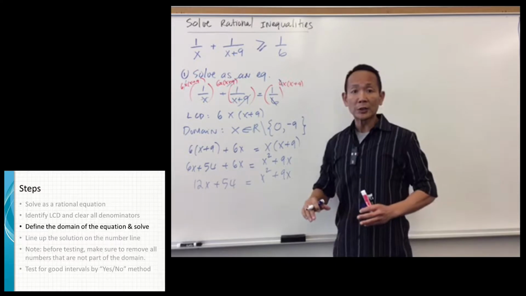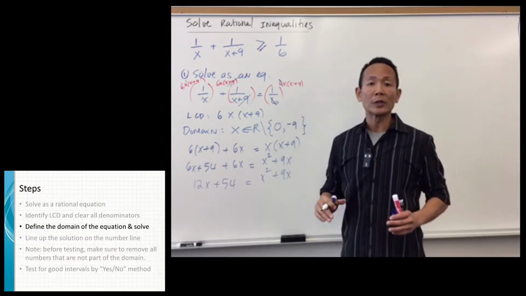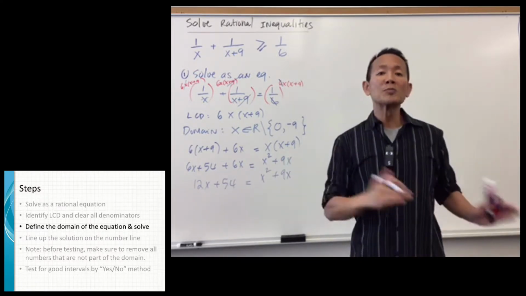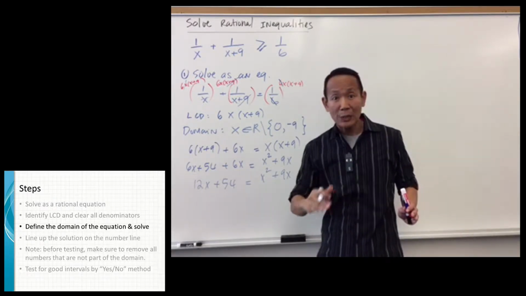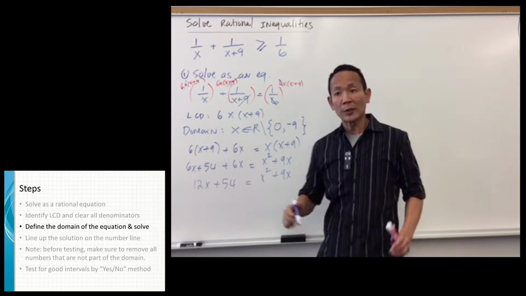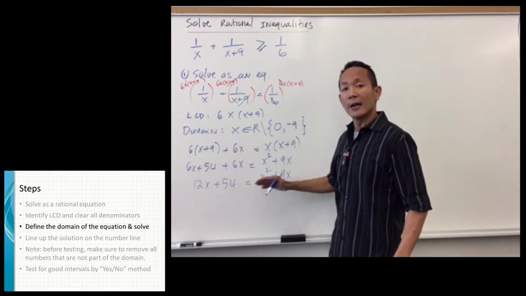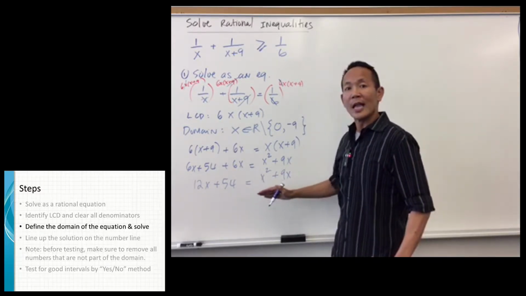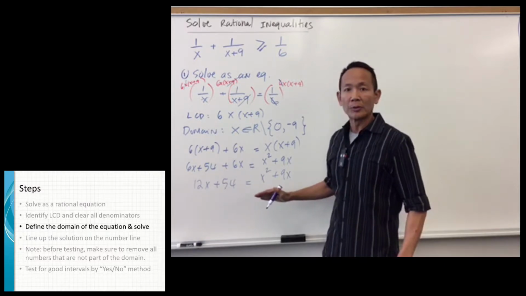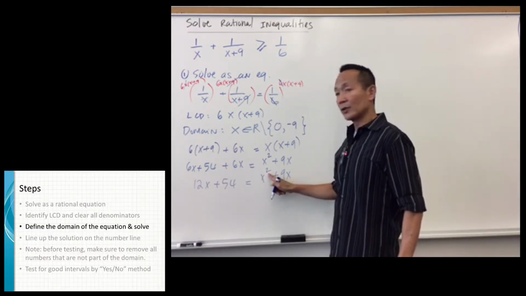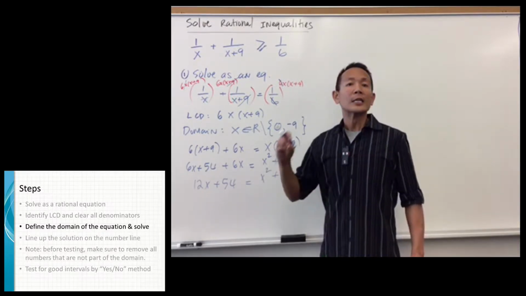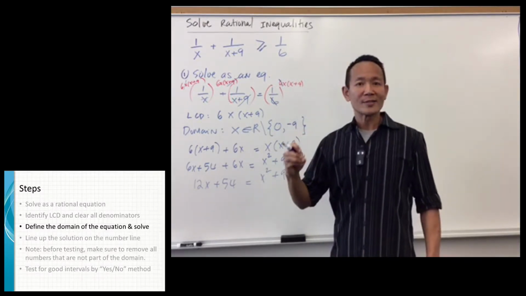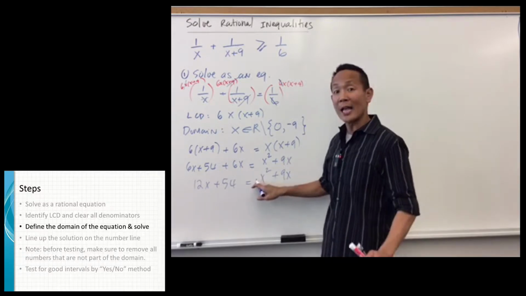In order for us to solve a nonlinear equation, make sure we take all terms to one side of the equation and rearrange all terms in descending order of the exponents, so the highest power comes first, then the next one, and the next one, and set it equal to 0. Notice we have the power of 2. That is the leading term, and you want to preserve the sign of this term as positive.